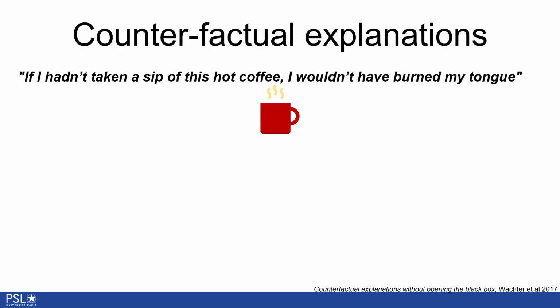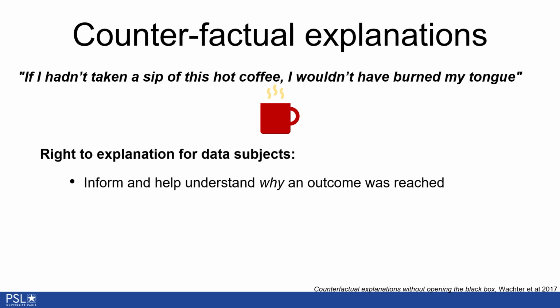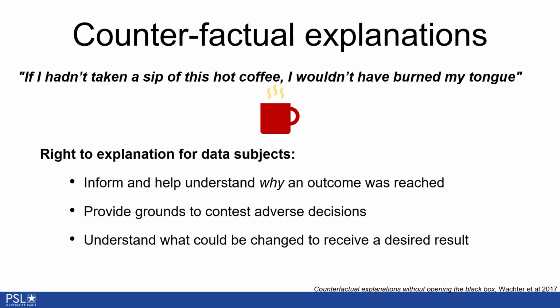Indeed, the counterfactual explanations can inform and help understand why an outcome or decision was reached, provide grounds to contest adverse decisions, and most importantly, help understand what the data subject or end user could change to receive a desired result.